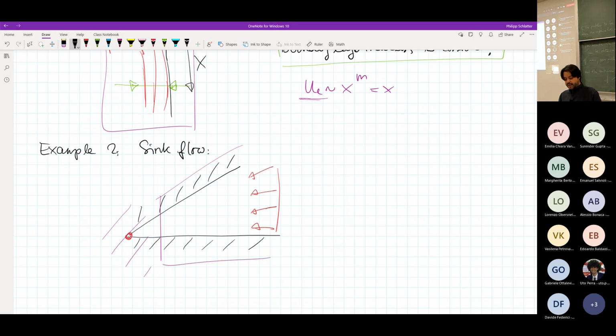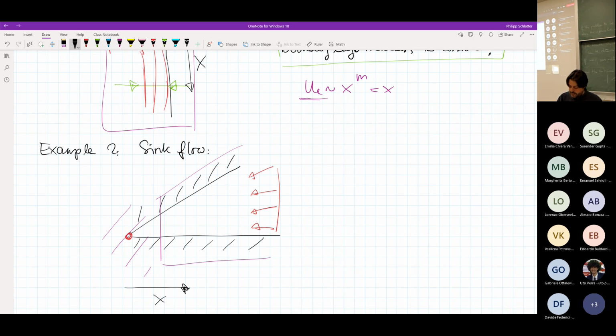Now, let's think how we could treat this flow using the analysis that we have done so far. First of all, let's introduce a coordinate, and I take again an x coordinate like this, starting here at the point of convergence, going into the domain.